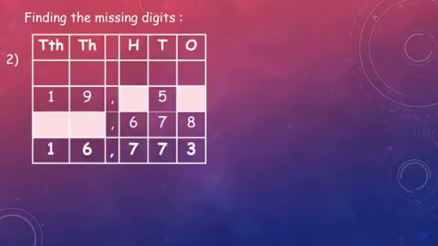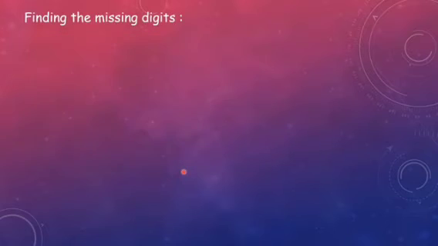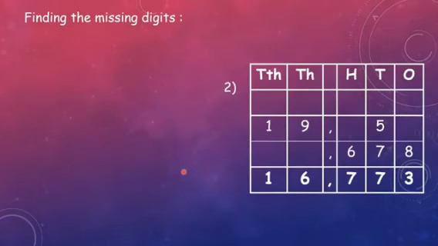Now we'll solve another problem of a similar type. This is a 5-digit number, but we have blanks in 5 places that need to be filled so that you get the answer 16,773. Now, how do we solve this? In a similar manner, we'll have the same problem with all the blanks removed here.